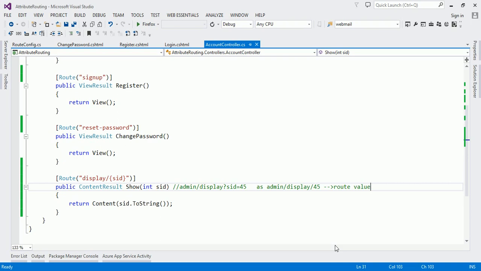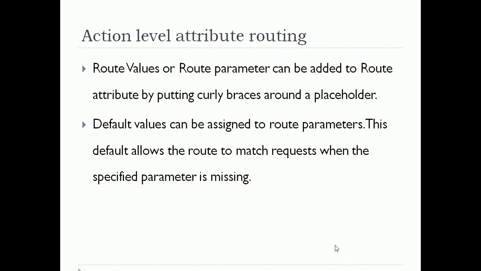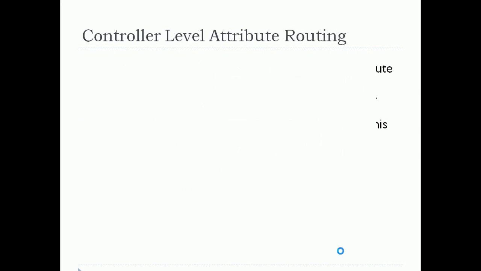To avoid this, we can restrict it at the level of routing only. If somebody enters the value of SID other than an integer, it should display a not found error. So it should handle the error at the stage of routing. Like traditional routing, we can define a constraint for attribute routing also. So let us see that part.